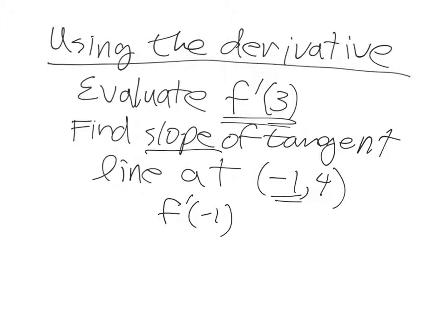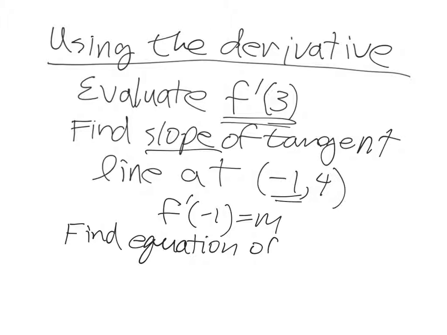And then beyond that, we did look at a few problems of find the equation of the tangent line. So in those types of problems, again, find your slope, whatever the value of the slope is, and then plug it into the equation of a line.